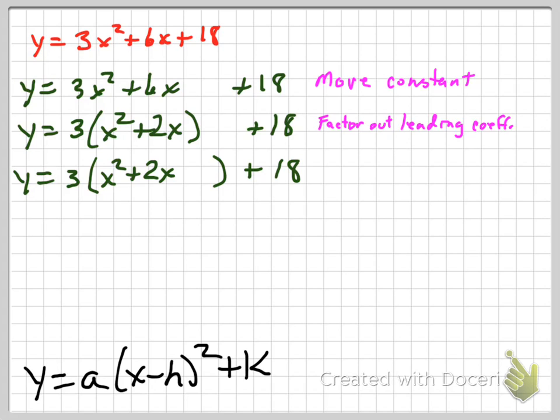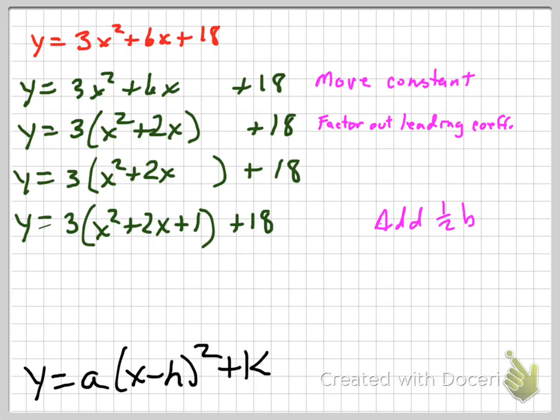So we're going to take half of 2, which is 1, and square it, 1, and you're going to add that inside the parentheses. That half of the b term squared is painted on the wall under the air conditioner. That's what you're adding in the parentheses when completing the square.